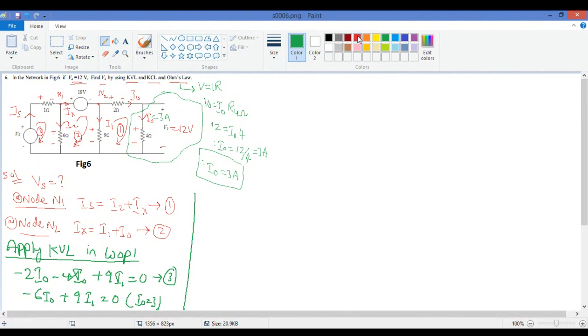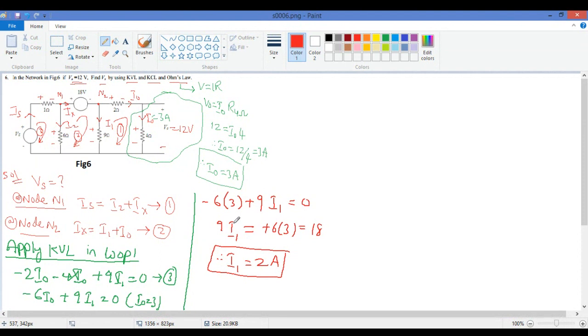So I get minus 6 into 3 plus 9 into I1 is equal to 0. So 9 I1 is equal to 6 into 3, and 6 threes are 18. Therefore I get I1 equal to 18 by 9, so I1 will become 2 ampere.